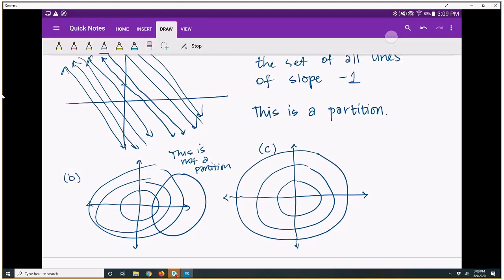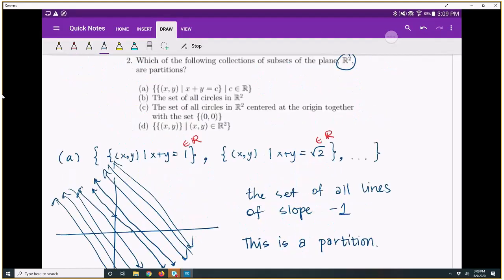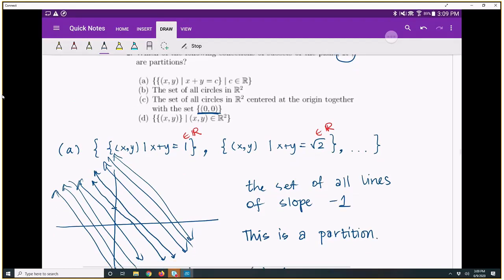The only problem that I might have is the origin itself, because there is no circle of radius 0, but that's why they've thrown in the set containing 0, 0. So they threw in the origin.